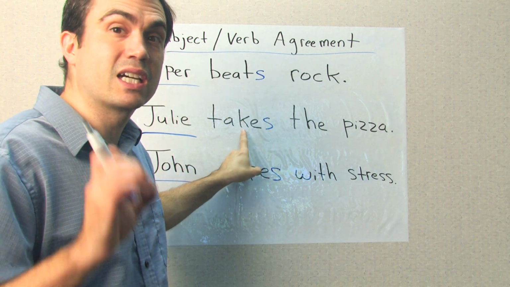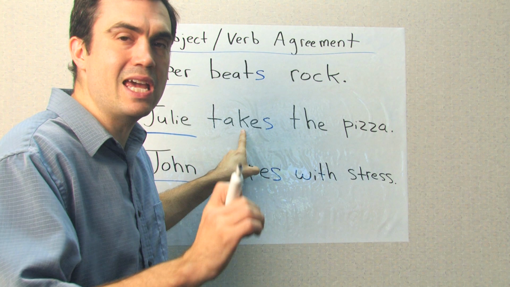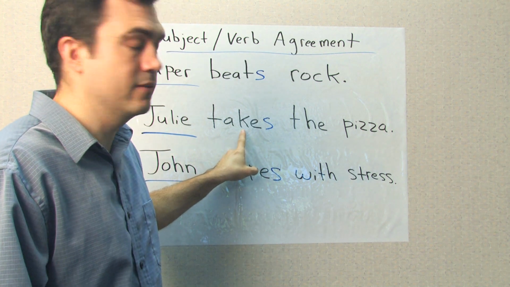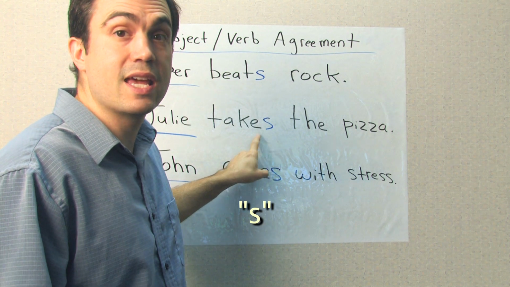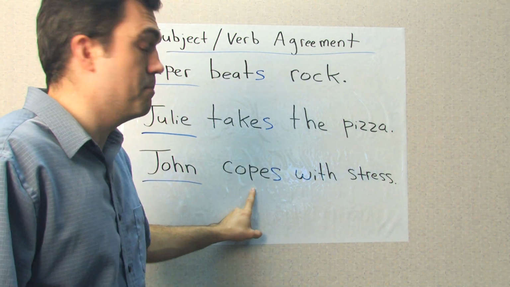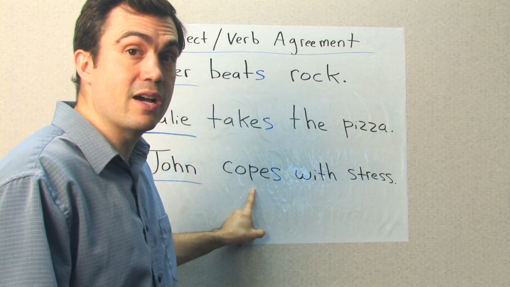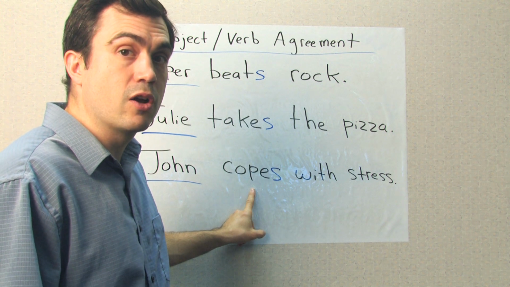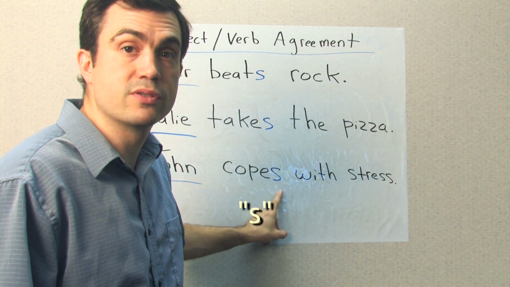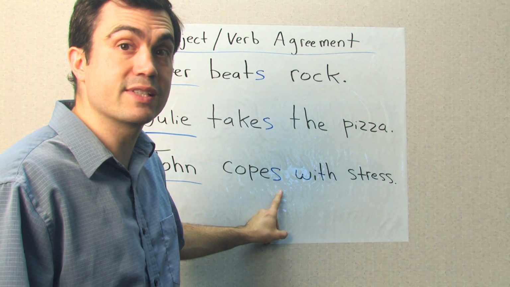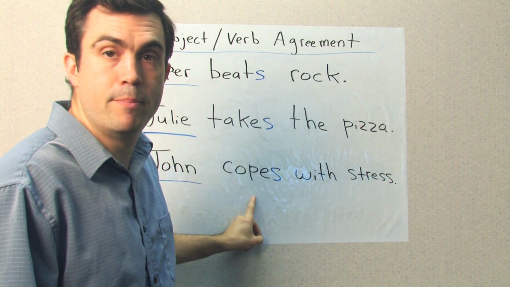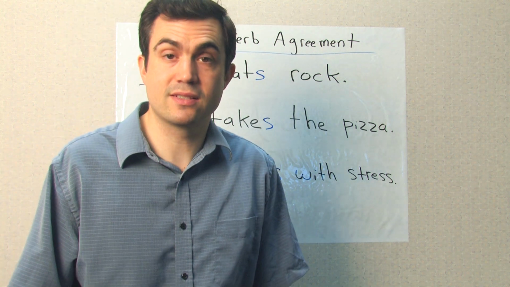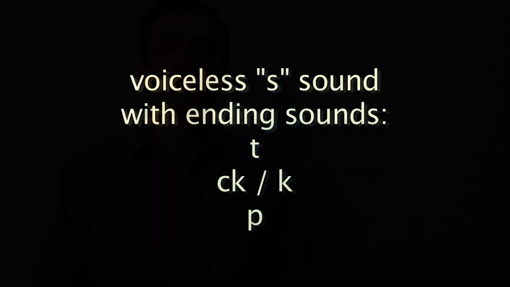If it ends in a k, hard CK sound, k, k, same thing. Voiceless. Takes. P also. P sound. Cope. Copes, voiceless S, okay? T, k, p, voiceless S, okay? Good.